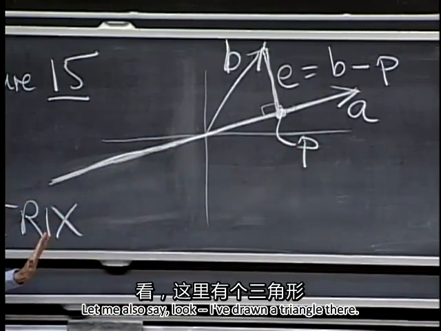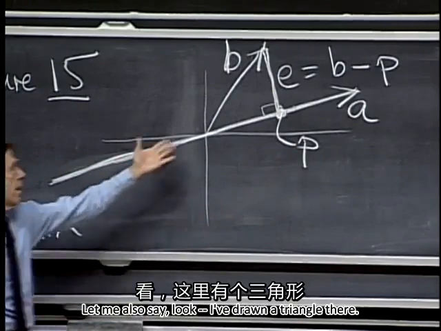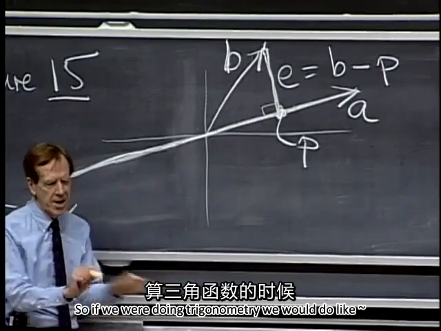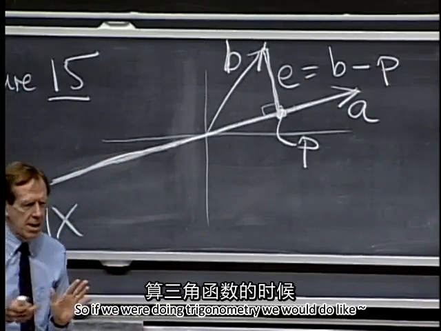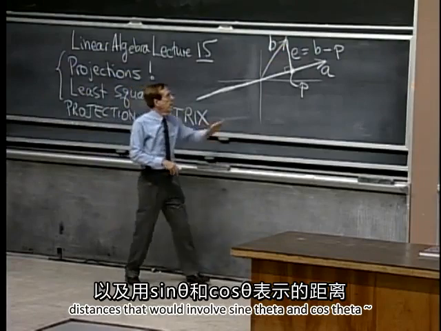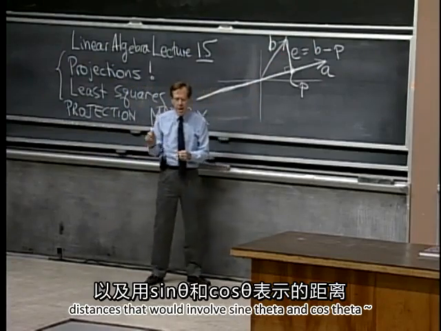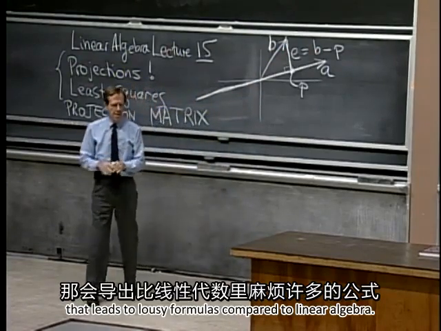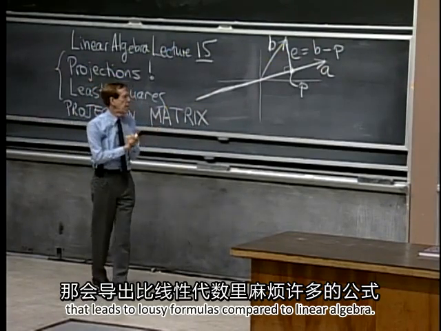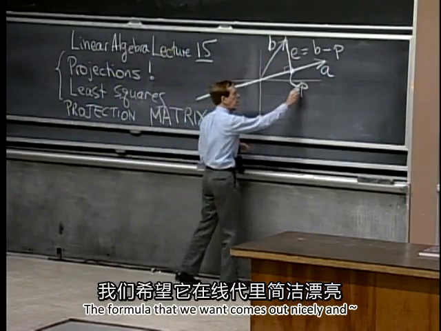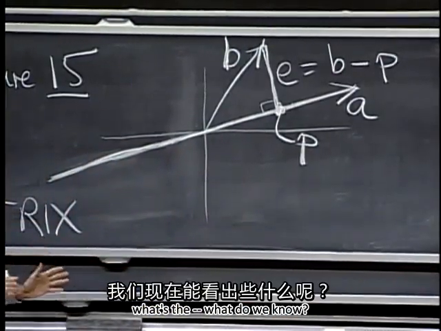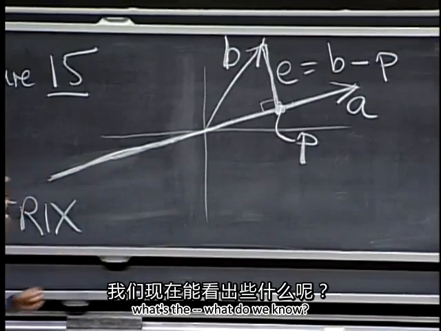Let me also say, look, I've drawn a triangle there. So if we were doing trigonometry, we would have angles theta and distances that would involve sine theta and cos theta. That leads to lousy formulas compared to linear algebra. The formula that we want comes out nicely. And what do we know?